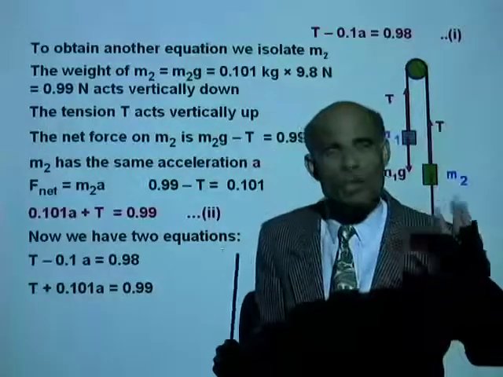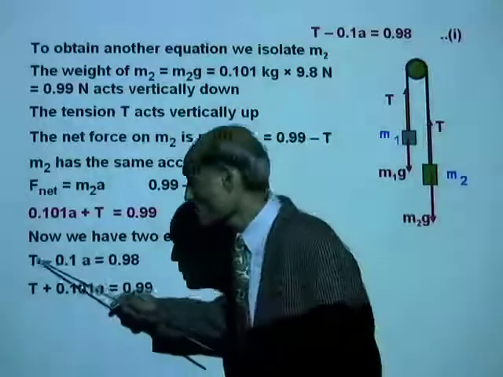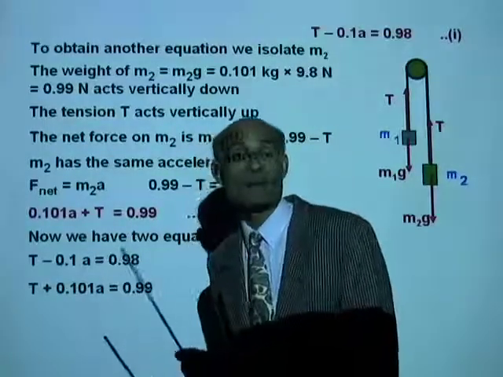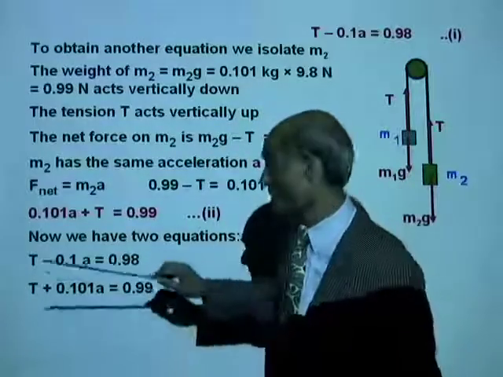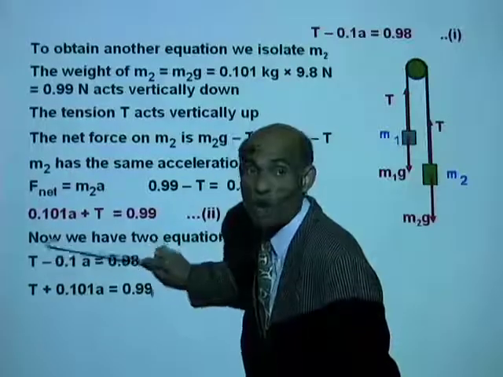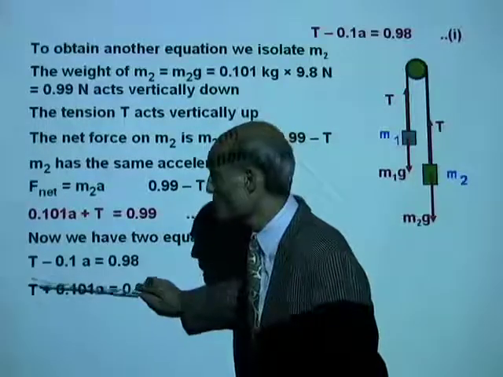Really, you don't need to go to the calculator to do this one. It's very simple. Because the coefficient of T in each case is 1, you can subtract one equation from the other. Well, let's subtract the equation on the top from the equation at the bottom. Alright, watch me do that.